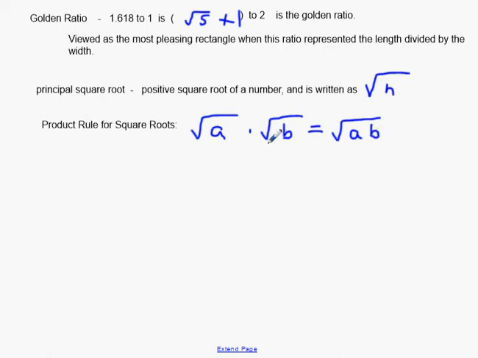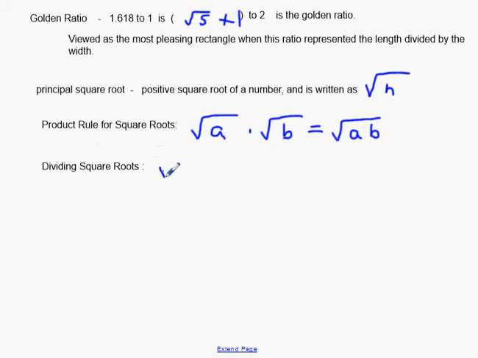Now, dividing square roots, again, they both have to be square roots.